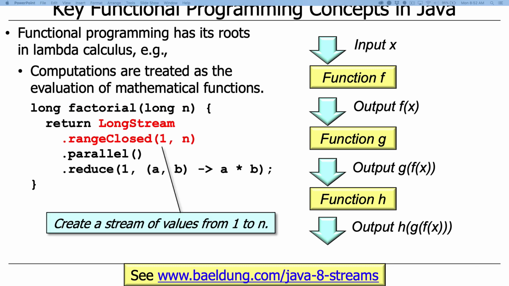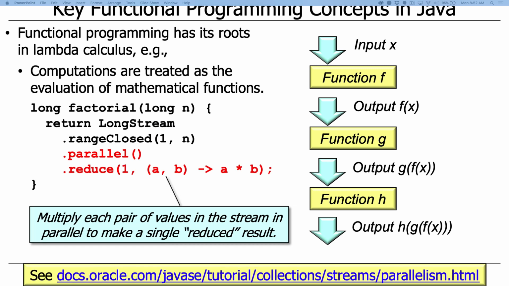What it does is it creates a stream of values from 1 to n inclusive, so it's including n. And for each value in that range, in parallel, it will go ahead and multiply each pair of adjacent values together, and then it'll keep doing that until it creates a single reduced result, which is the nth factorial.